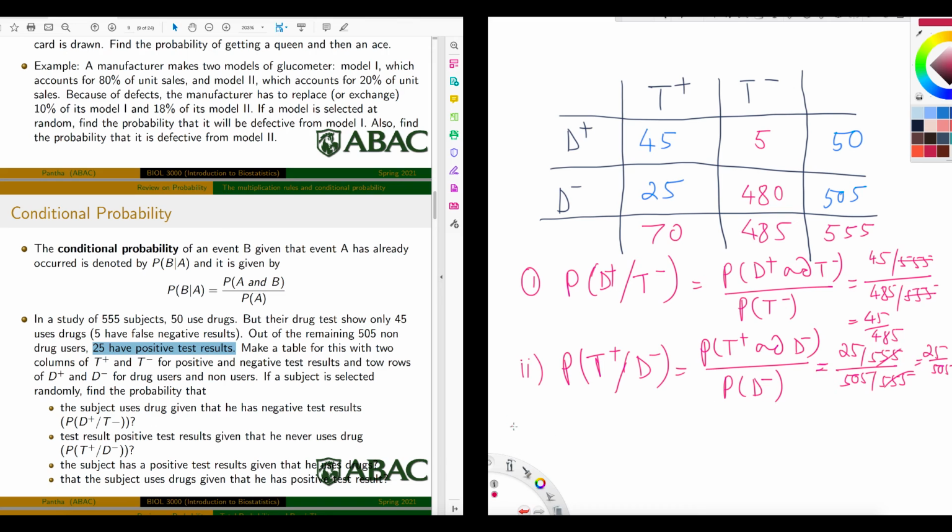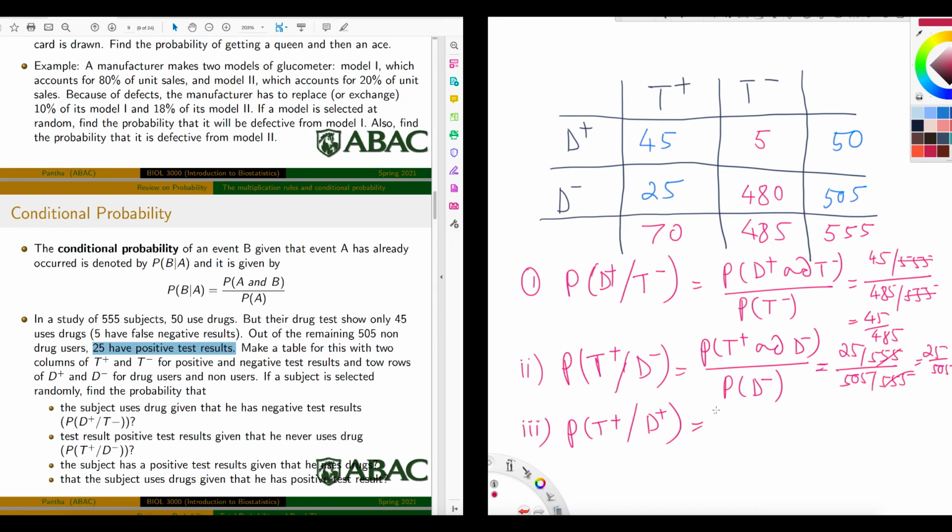See that? Let's do number three. So number three is, find the probability that the subject has a positive test result, probability of T plus, given that he uses drug, D plus. What is the probability that a person will have a positive test result, given that that person is a drug user?